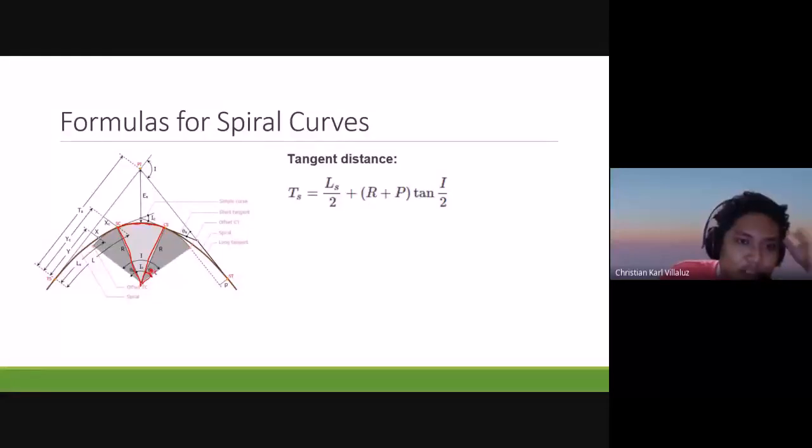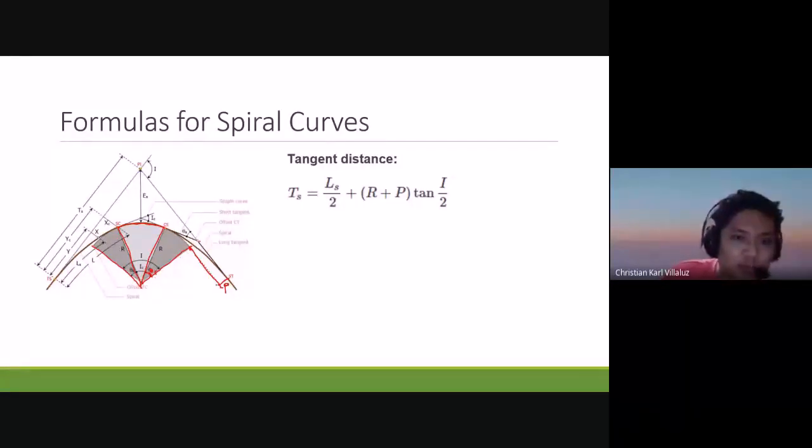So, meron tayo dito sa isa and dito sa kabila. Ngayon, yung distance measured from that point to the tangent, yun yung ating length of throw. Okay, yung edge ng point kung saan gumawa tayo ng another curve using the spiral angle. Yun yung length of throw.